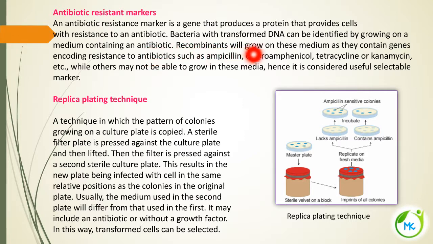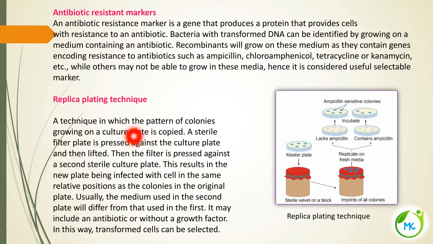So the recombinants will grow on this medium as they contain the gene encoding resistance to antibiotics such as ampicillin, chloramphenicol, tetracycline or kanamycin, etc. Whereas the others cannot grow in this medium, and hence this antibiotic resistance is considered a useful selectable marker.